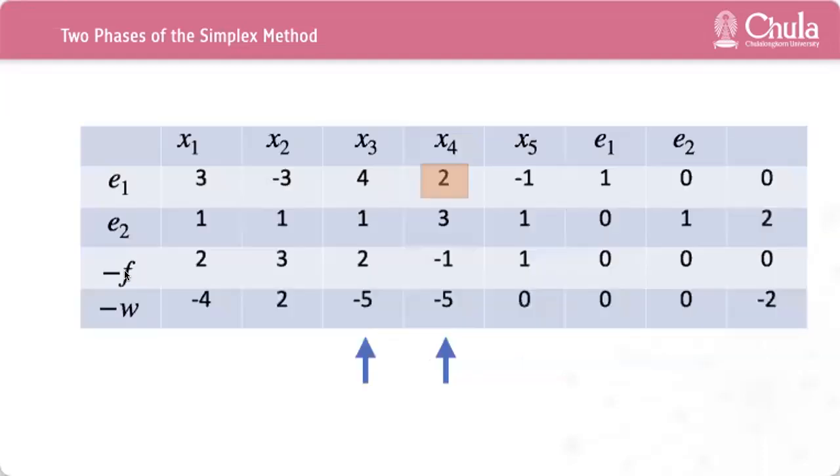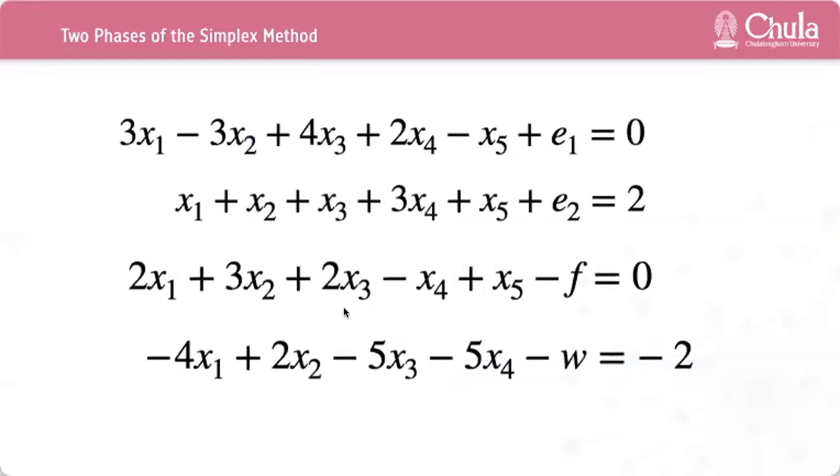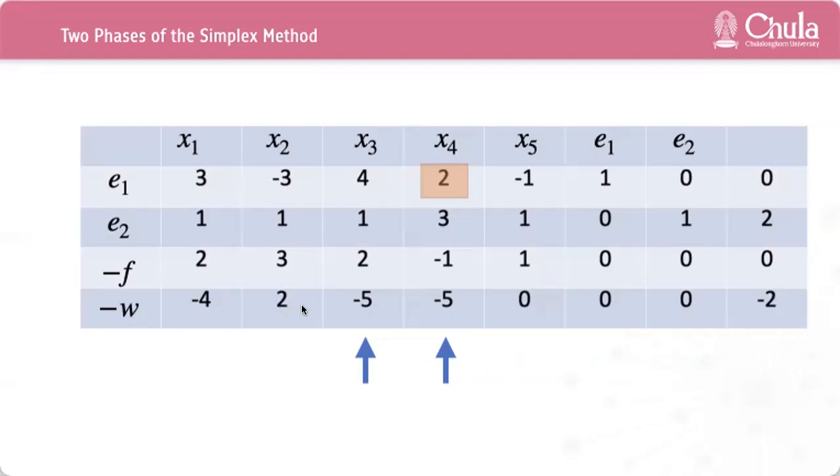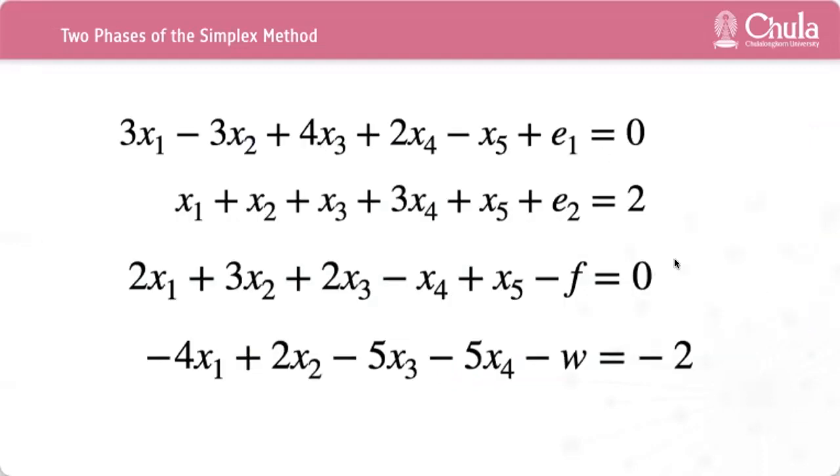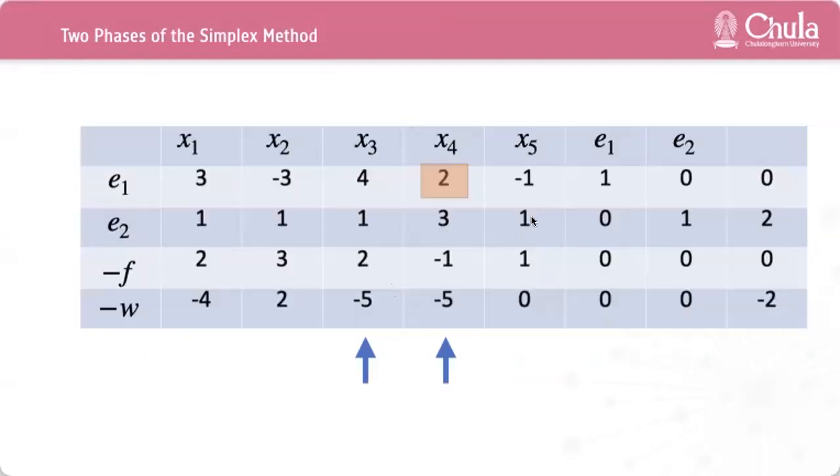And for the last line, -4, -5, -5, 0, 0, 0, and -2 here. Okay, so from this slide, you transform it to table.